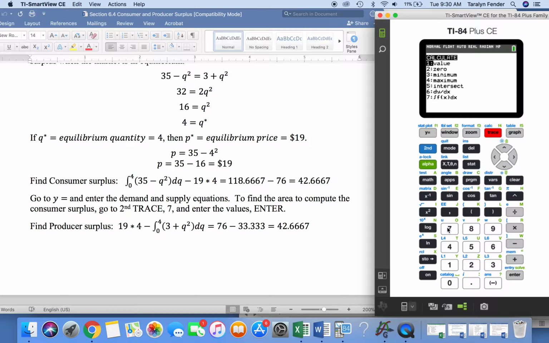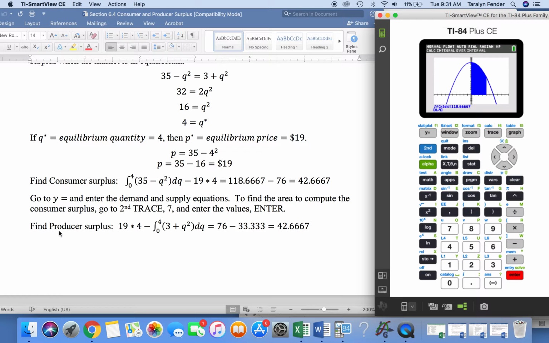We want number 7, and we're going to go from 0 to 4, so we press 0, then 4, making sure you're on the correct equation. And we have that area, which is 118.6667, minus 19, the equilibrium price, times the equilibrium quantity of 4, which is 76. That gives us an area of 42.667.